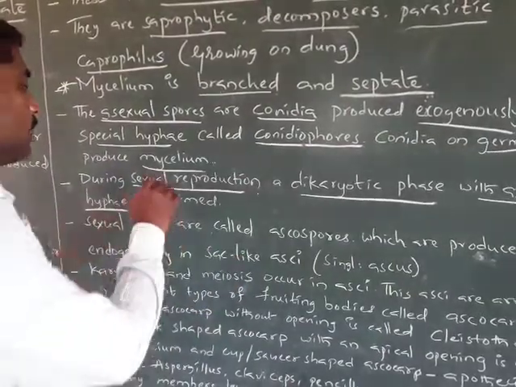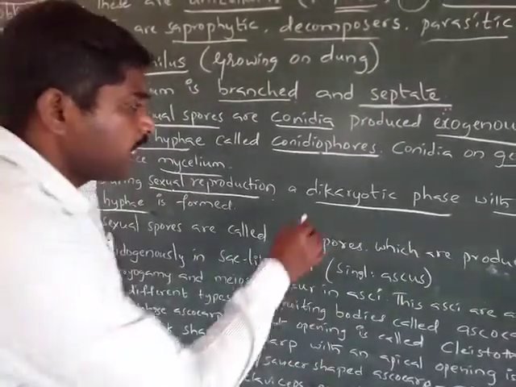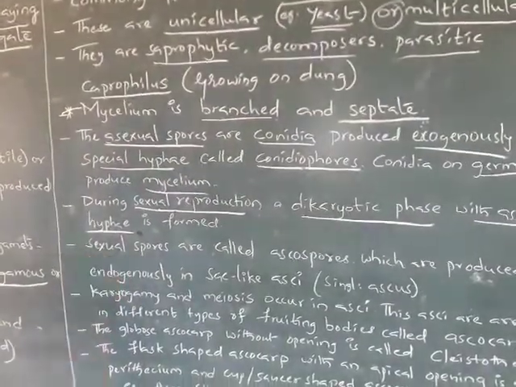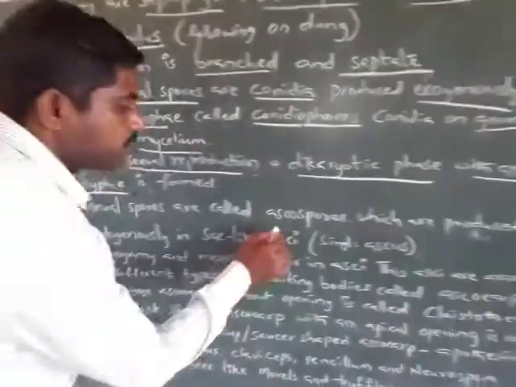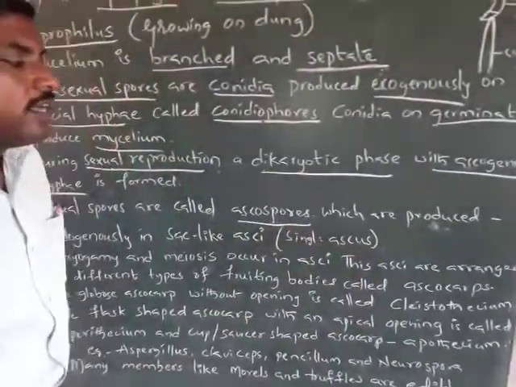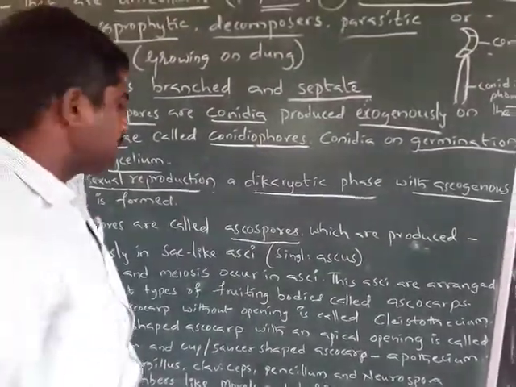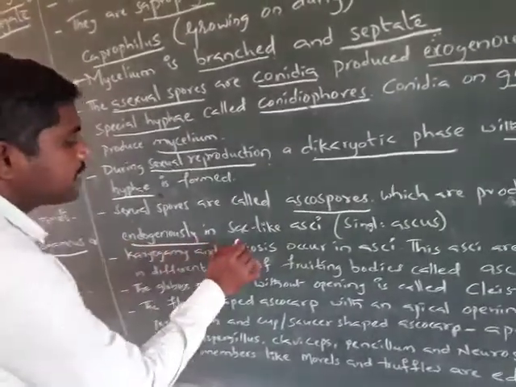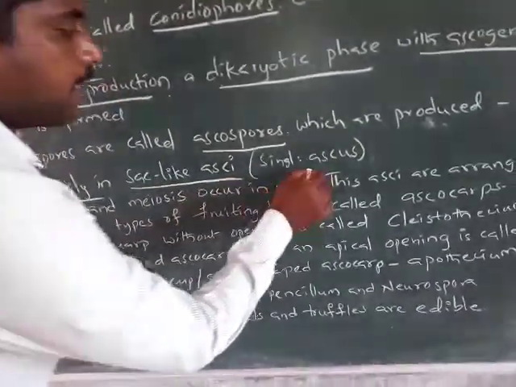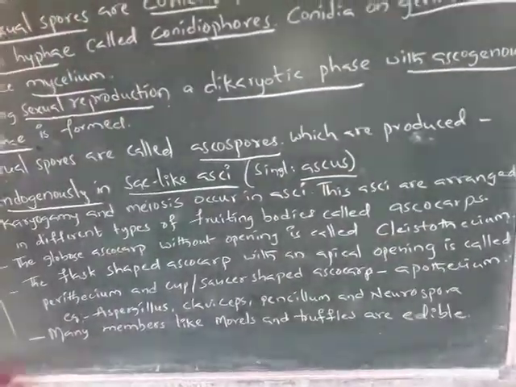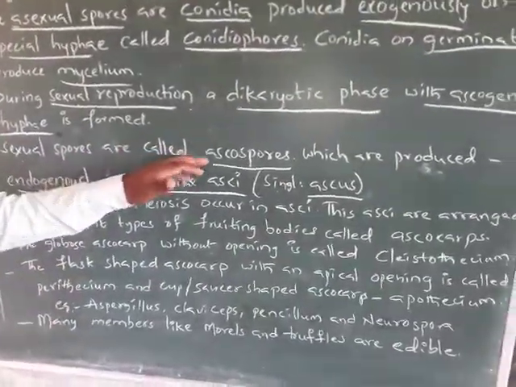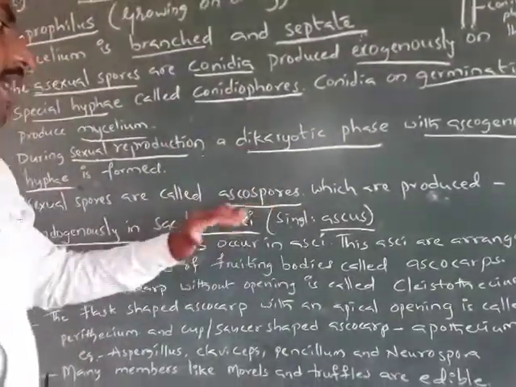That's why the dikaryotic phase is found here. These sexual spores are called ascospores, which are produced endogenously in sac-like asci. Ascus is the singular one, and asci is the plural one.